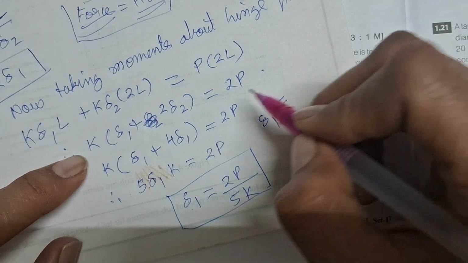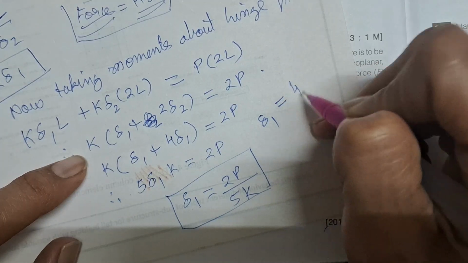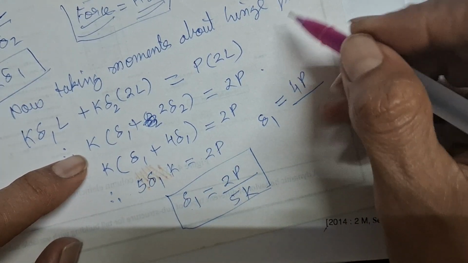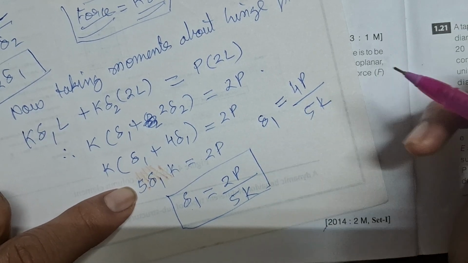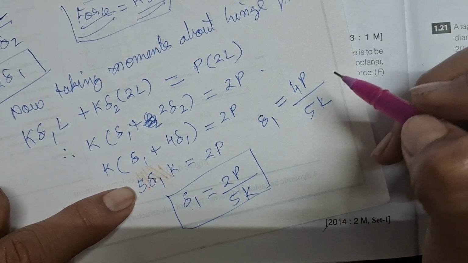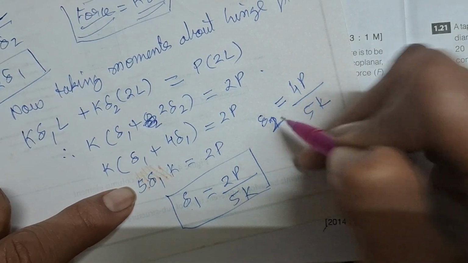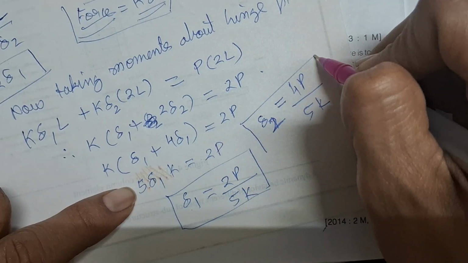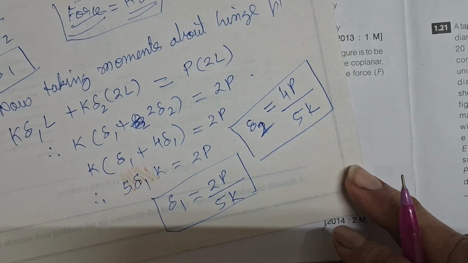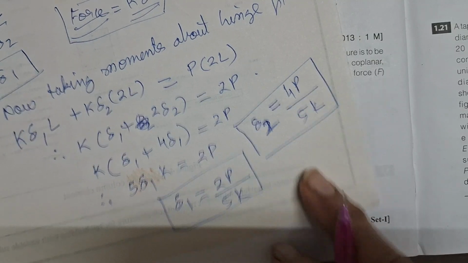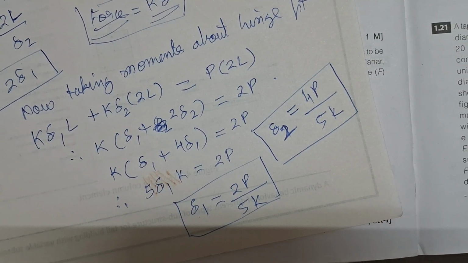So 2 into 2, 4P upon 5K will remain as it is. Sorry, delta 2 is 4P upon 5K, this is delta 2. So I have got both delta 1 and delta 2 by using this formula.